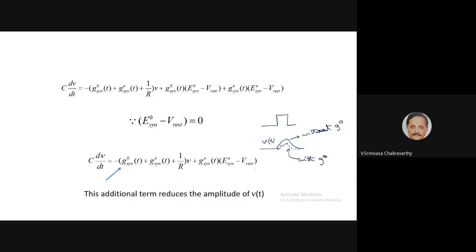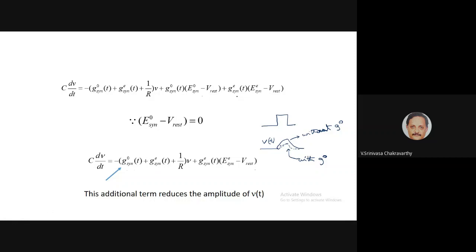So what do we learn from this? Even though the zero synapse doesn't contribute any current, its presence along with another standard excitatory synapse will act effectively like some kind of inhibition and suppress the amplitude of the voltage response. So it suppresses the PSP that is produced by the excitatory synapse.